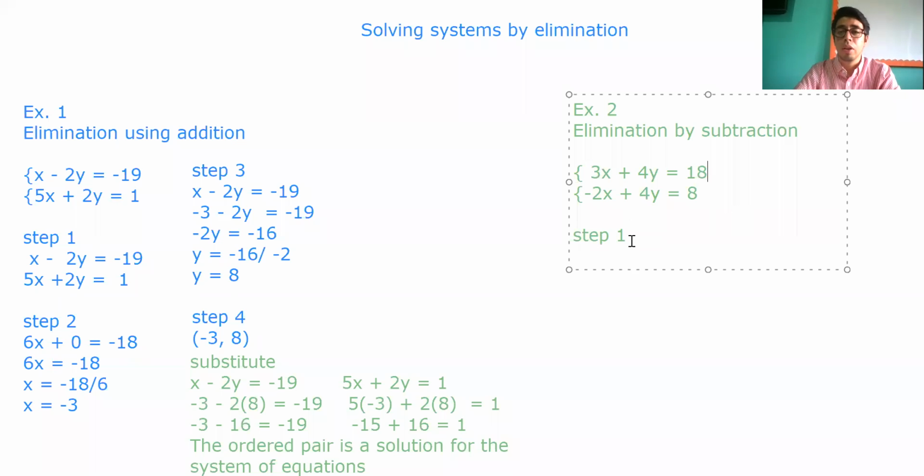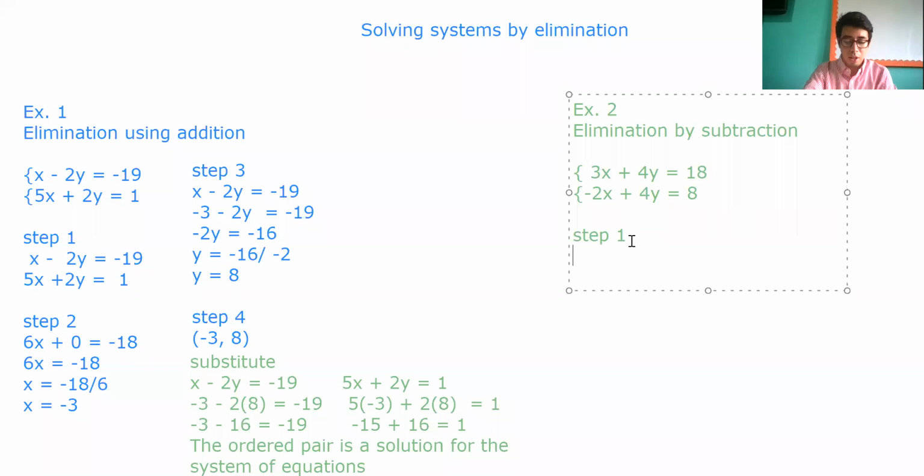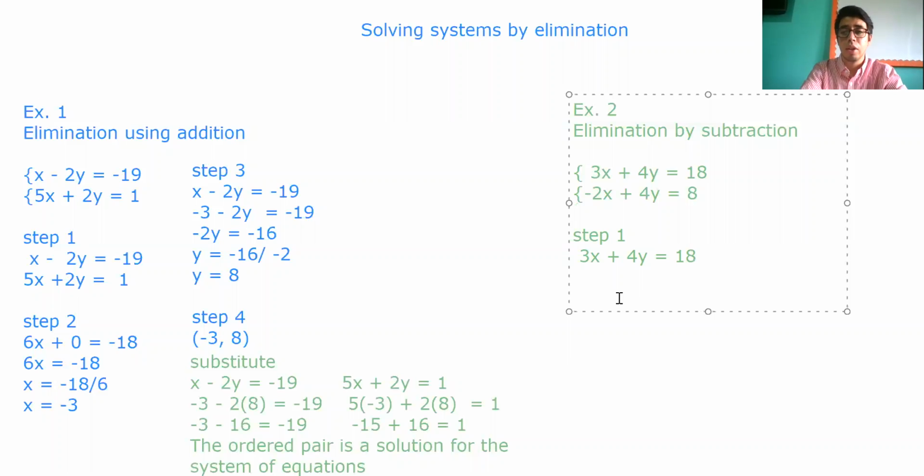18. Okay. So in step 1, we write again the equation. Notice that both equations contain 4y, and I write it in this form, one below the other: 3x plus 4y equal 18, and in the other one we have negative 2x plus 4y equal 8.